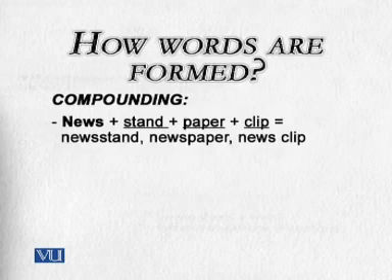Let's say news clip, let's say newspaper. When I say newspaper, it's a combination, you can say a compound, of two words. One is news, second is paper. Now, these two are, of course, different words, but we are combining full-fledged words and creating the third word, which we call a compound word.